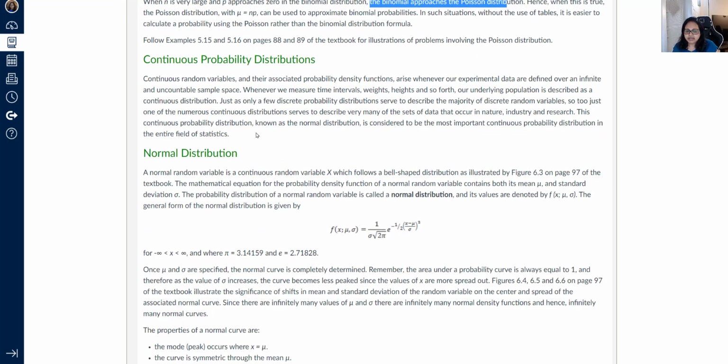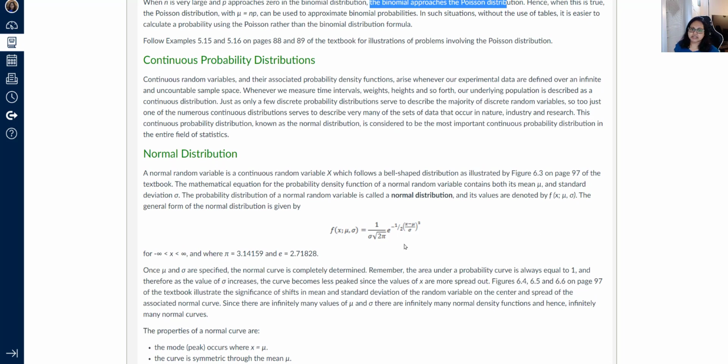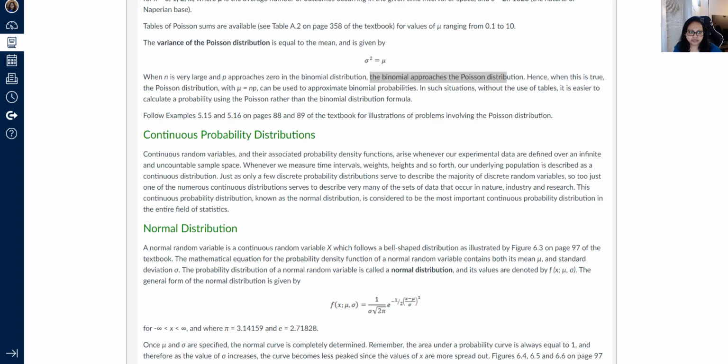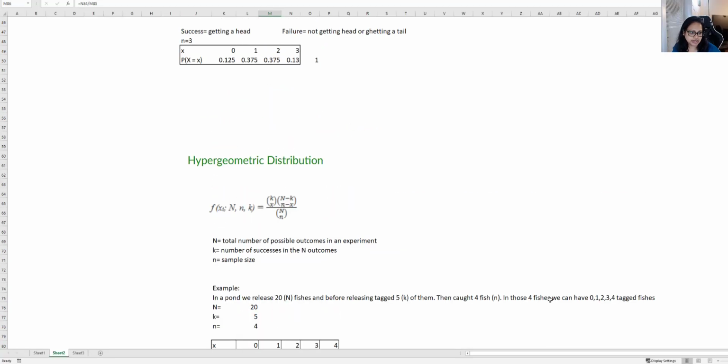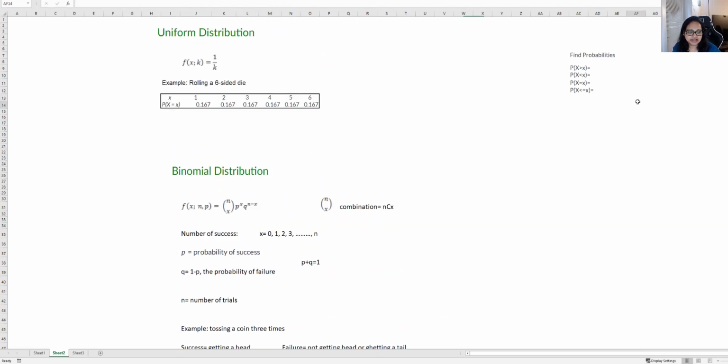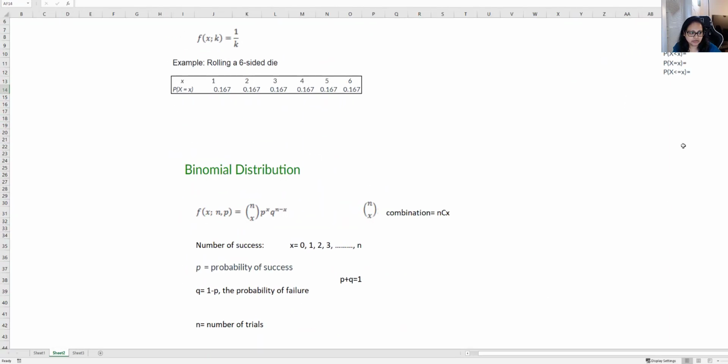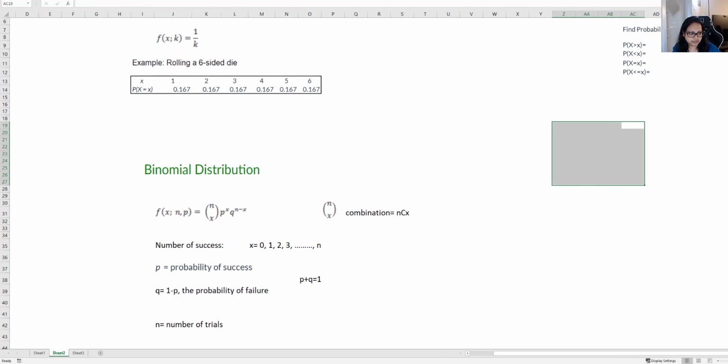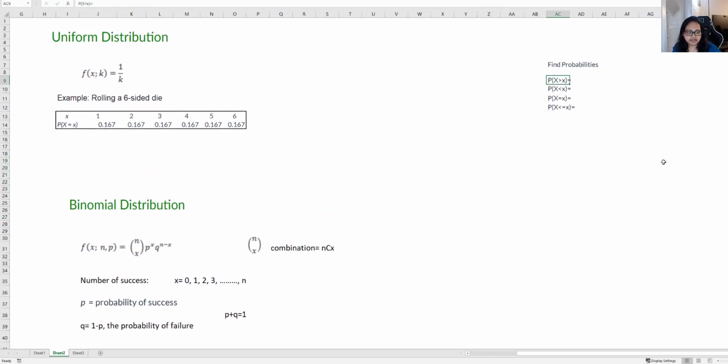So next we'll be talking about the continuous probability distribution. The last thing I would like to say to you all is that for any given distribution I talked about today, the discrete probability distributions, maybe I will ask you to find the probability of getting more than some value.